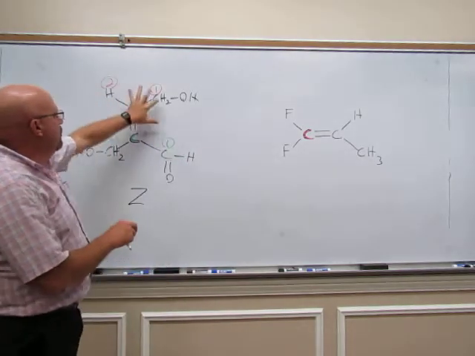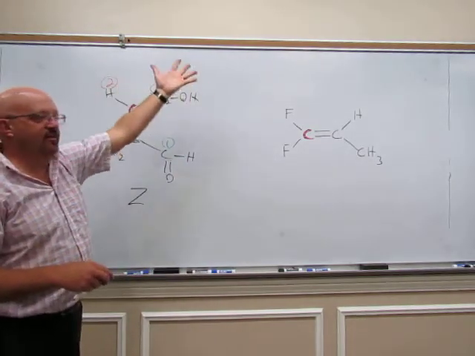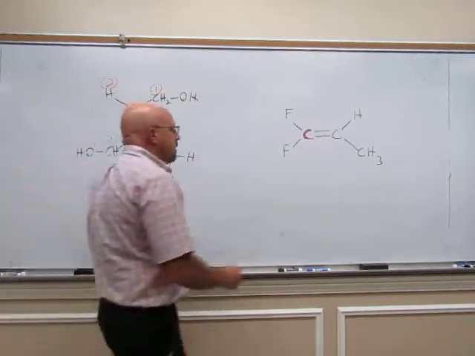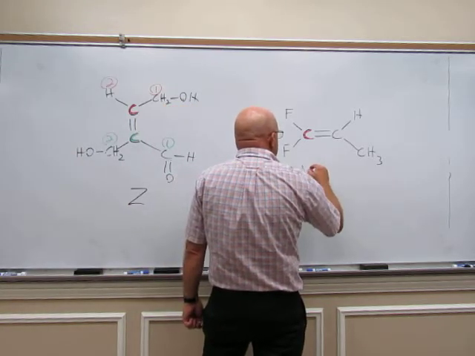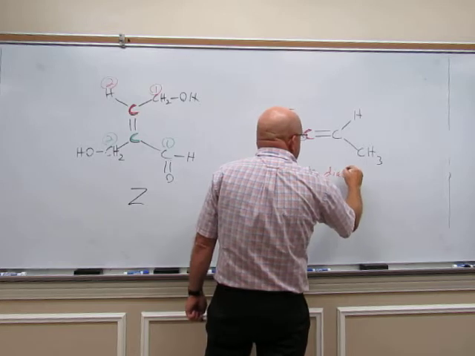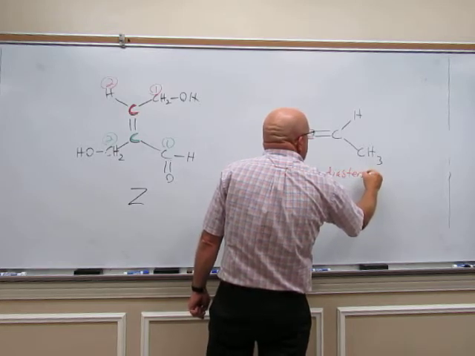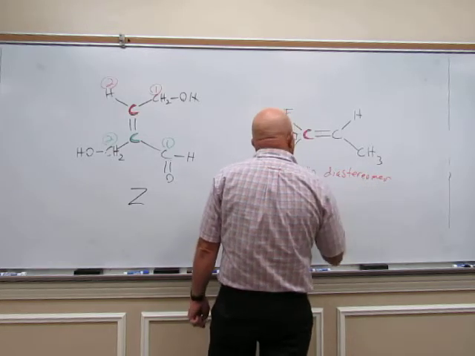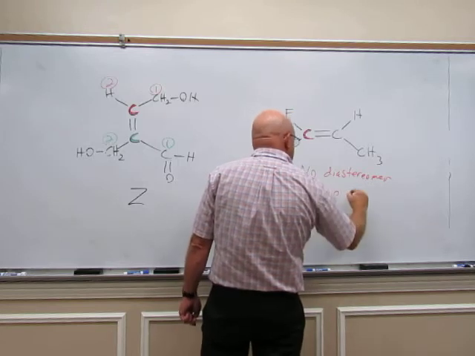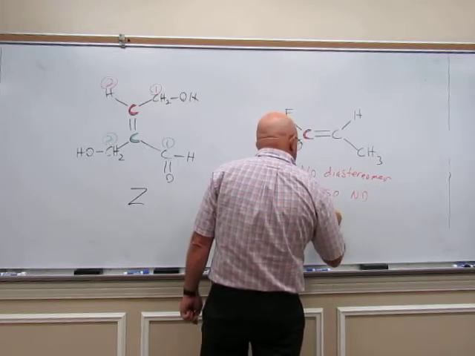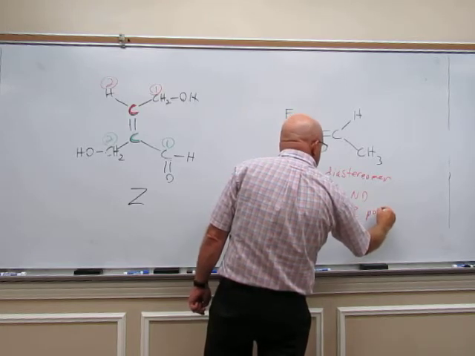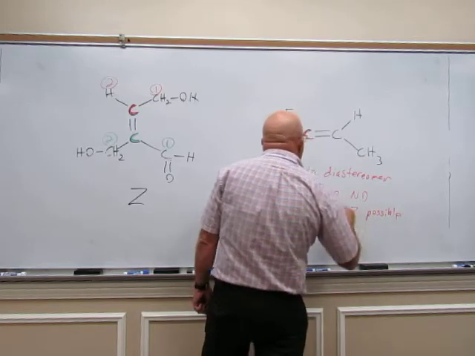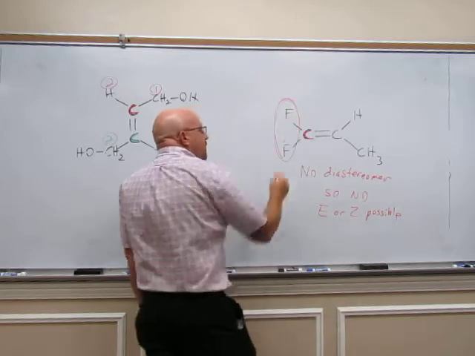See, your diastereomer is where you switch two of these. If I switch the fluorines, it's still the same molecule. There is no diastereomer, therefore no E or Z. This has got the same thing on the same carbon there.